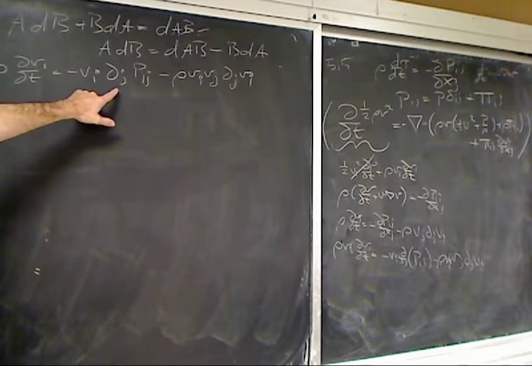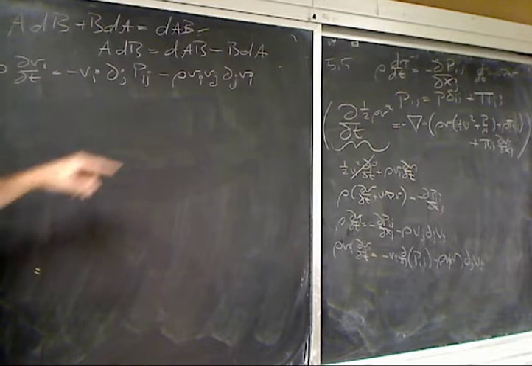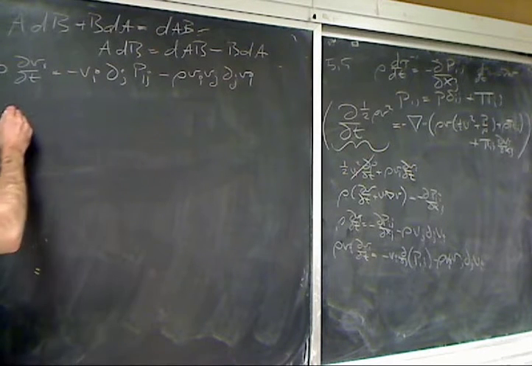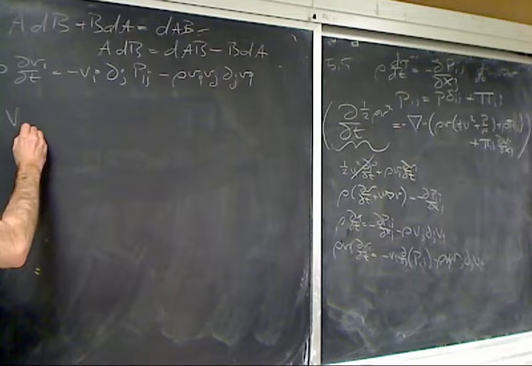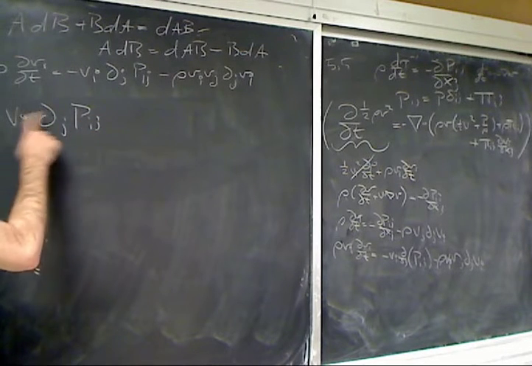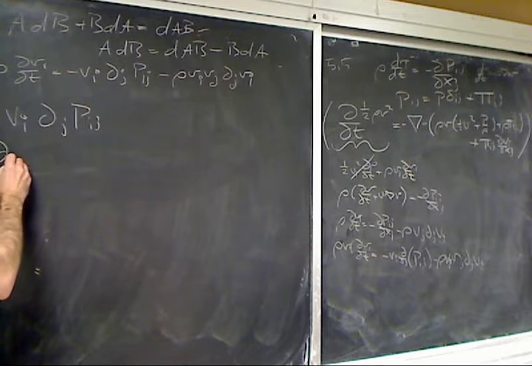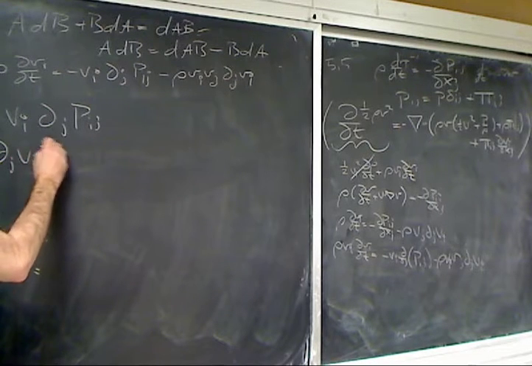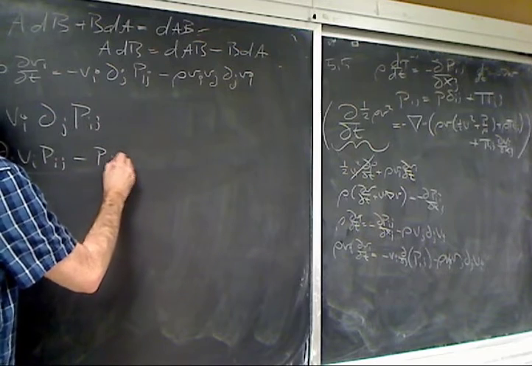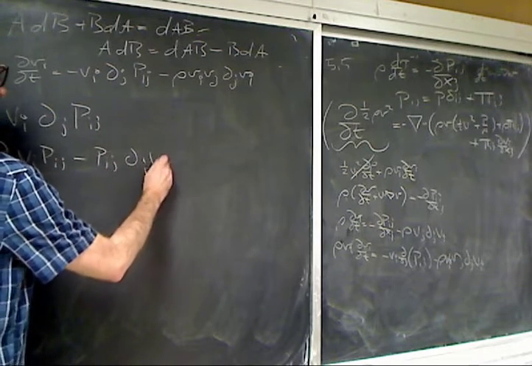Actually, sorry, let's start with this term first, because this term is easier to deal with. So we start with vi ∂j Πij. I invert this, and this turns into ∂j(vi Πij) minus Πij ∂j vi.